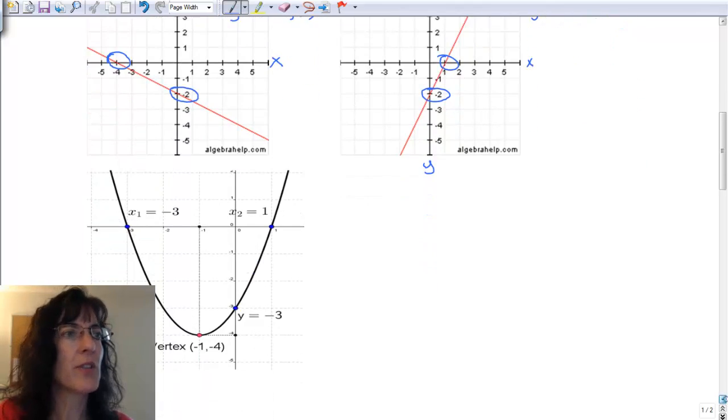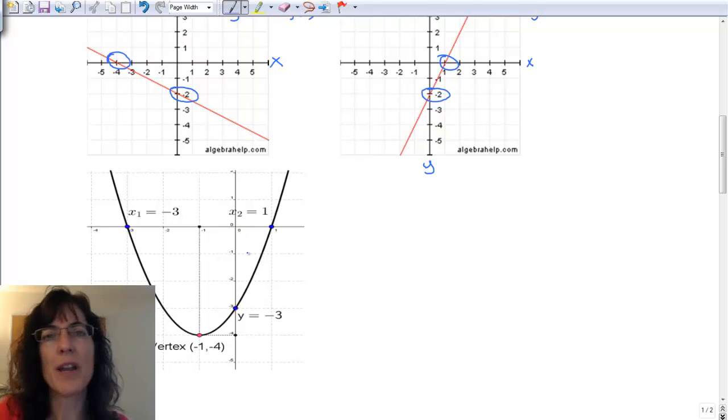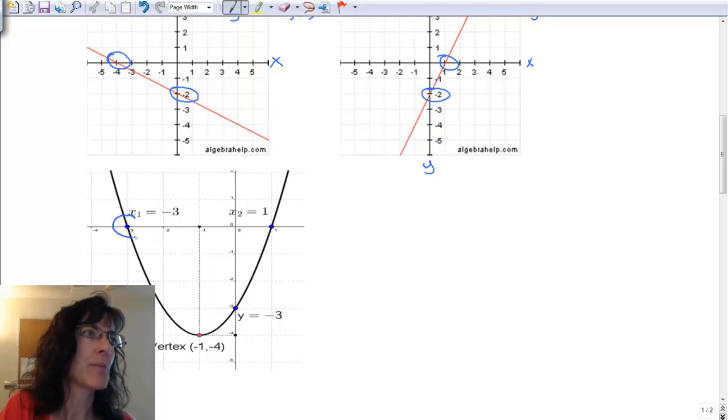Okay, here's another shape graph. This one's a parabola, and we've got some x and y-intercepts, and we have a vertex and other things too. So let's just take a look. Right now, all we want to know is what are the x-intercepts, or the zeros of the equation for this parabola, and what is the y-intercept. So the x-intercepts are here and here.